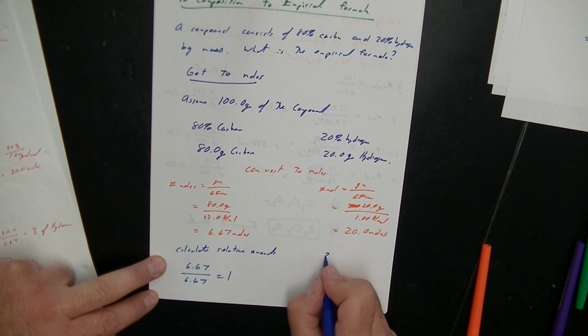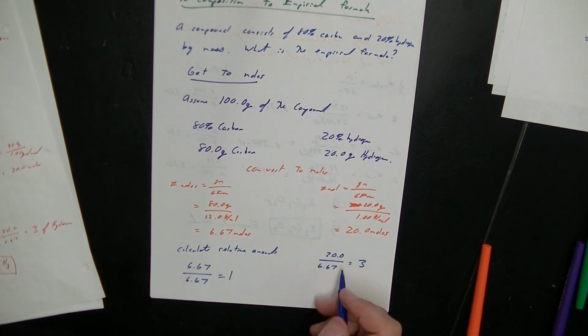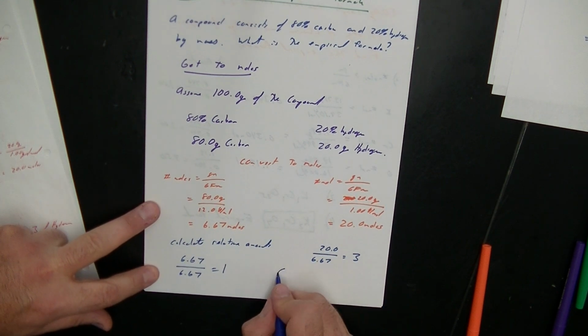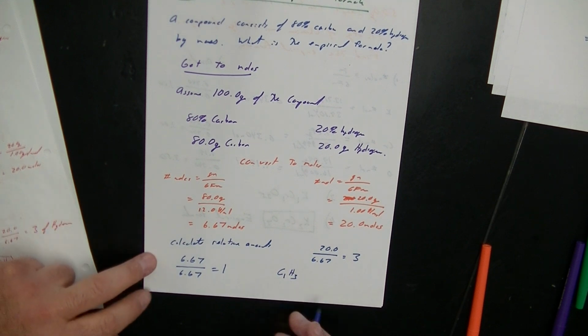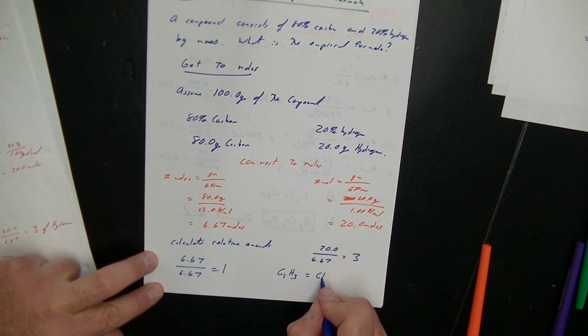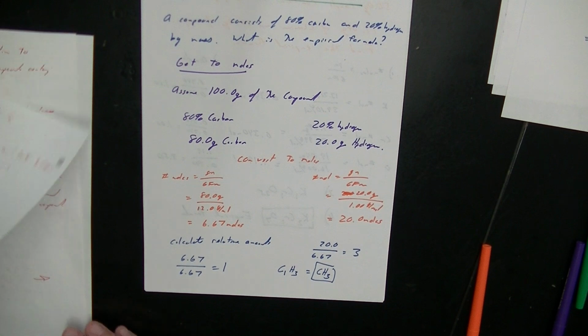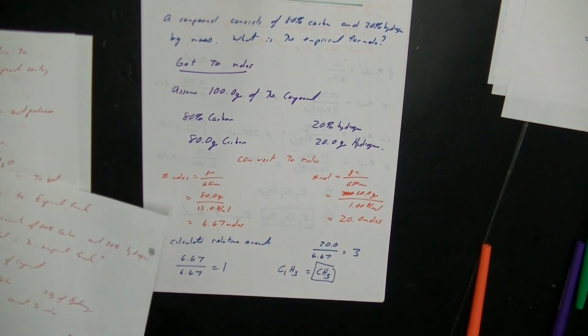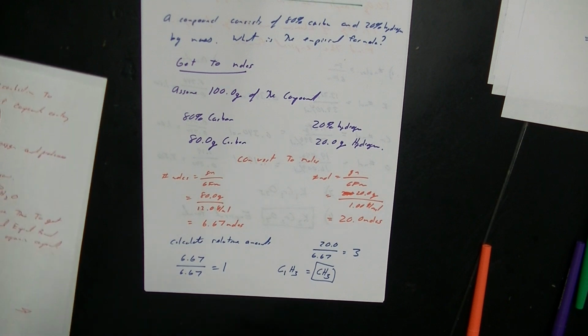For this one, we're going to take 20.0 divided by the smaller one, and we get 3, or almost exactly 3. Then we're going to rewrite our formula because we have 1 carbon and 3 hydrogens. They're both whole numbers already, so we would end up with CH3. And it's just another type of problem.